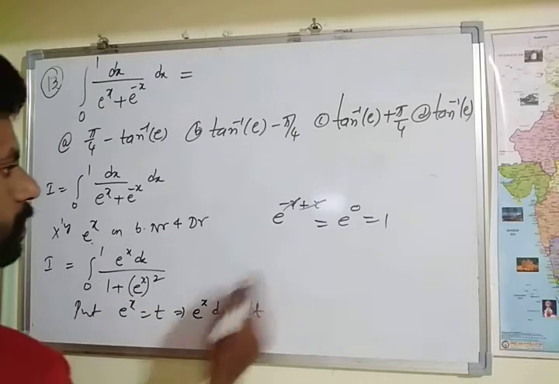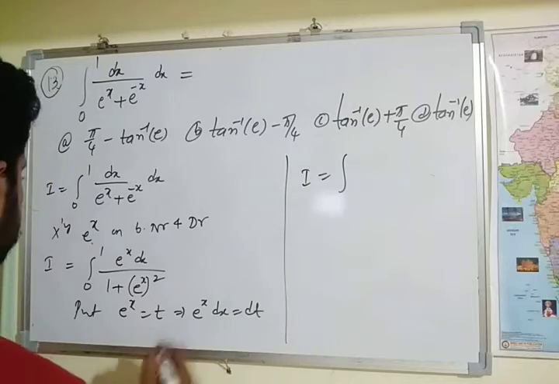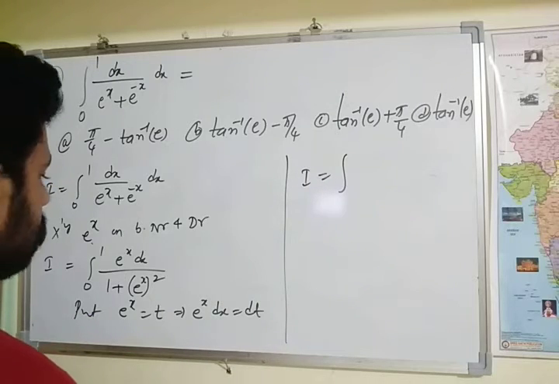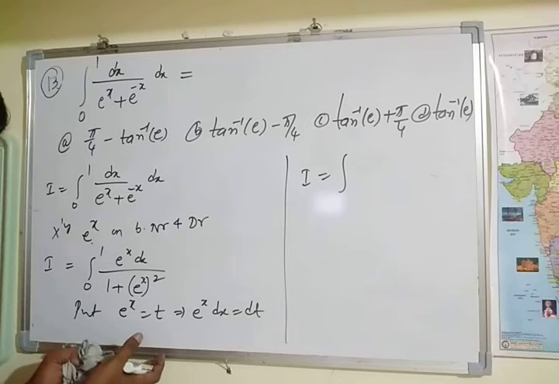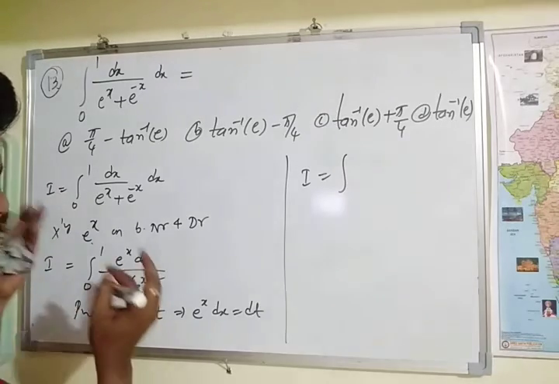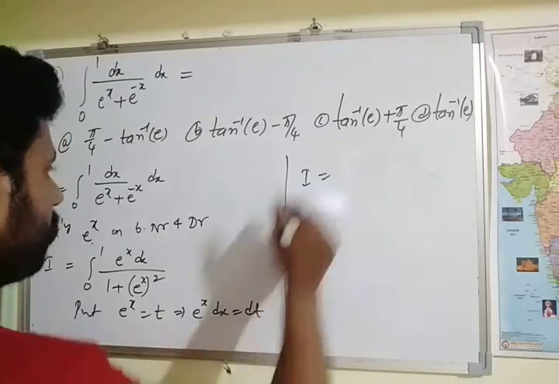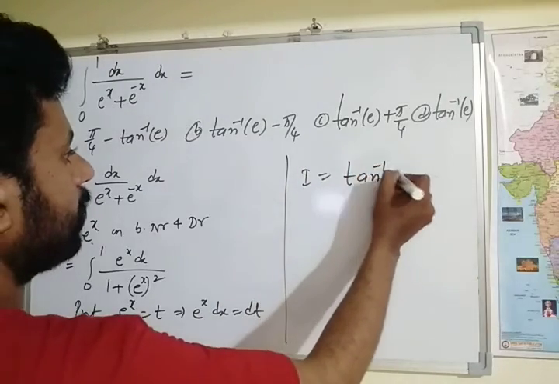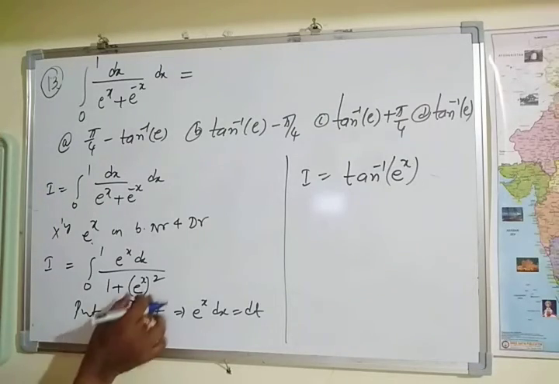Now this result becomes I equal to the integral of 1 divided by 1 plus x square form. The integral of 1 by 1 plus x square is directly tan inverse of x, but here in the place of x we have e to the power x.